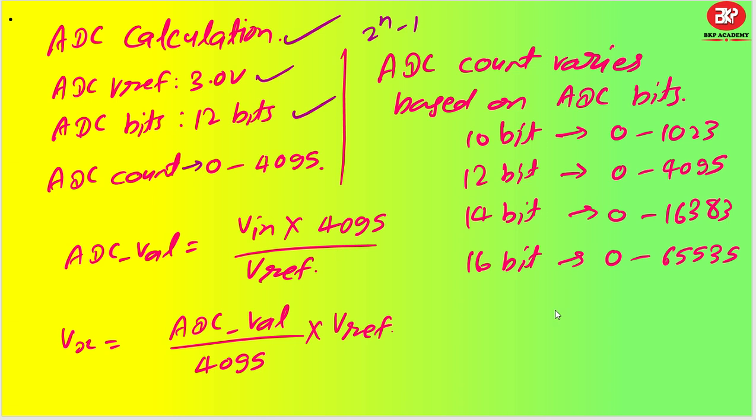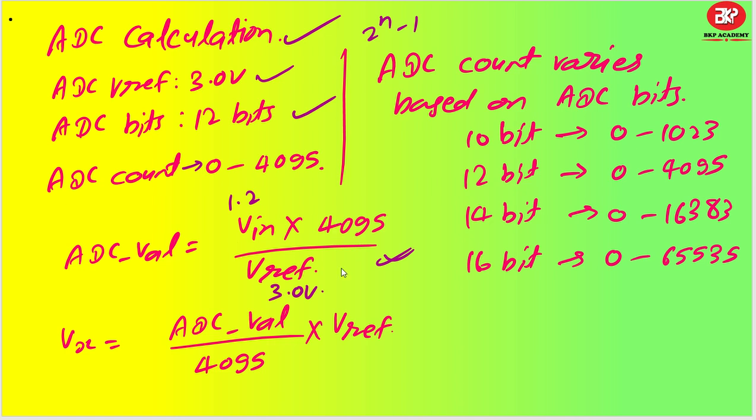Similar to that, if you want to find out the ADC value for a particular input voltage, all right. Let us say we have an input voltage of 1.2 volt, a 12 bit ADC, and V reference is 3 volt. So this 1.2 volt will correspond to some ADC value.